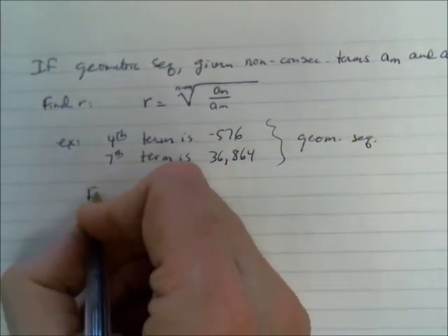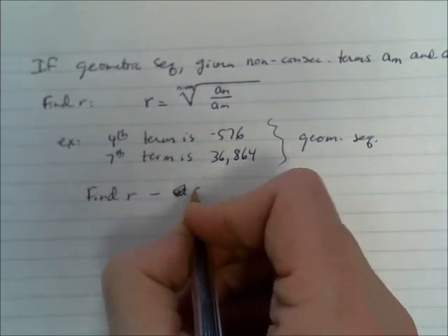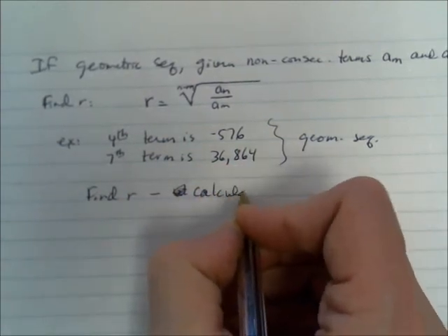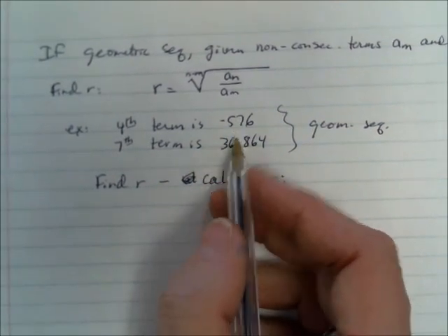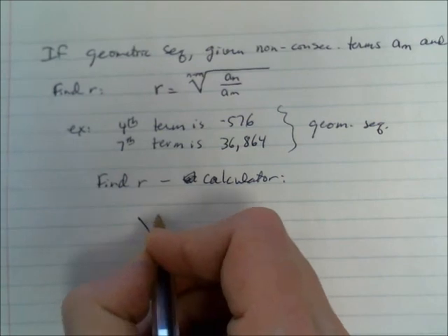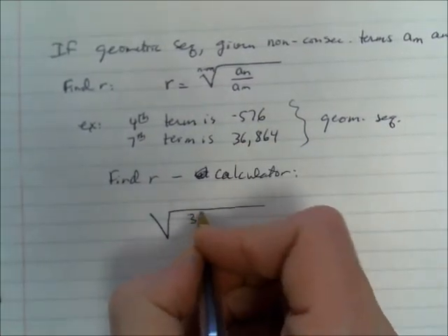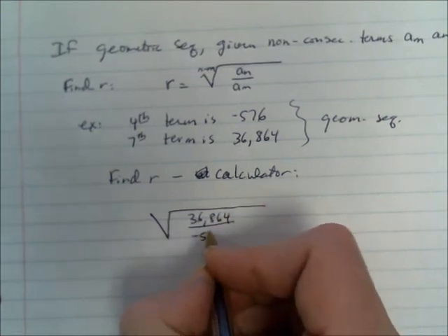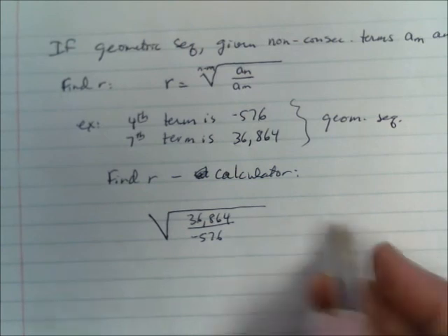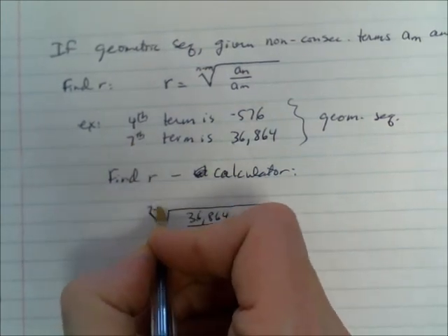And let's say we are supposed to find r, and I will let you use a calculator for this. So since we're given those two terms, and it's geometric, we're going to use the root feature. And it's 36,864 divided by negative 576. And the term numbers, I have the seventh and the fourth, so I'm going to do 7 minus 4.